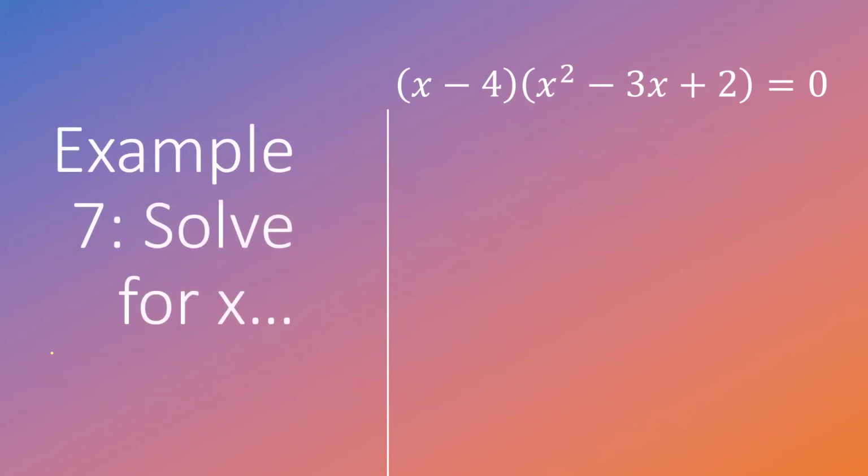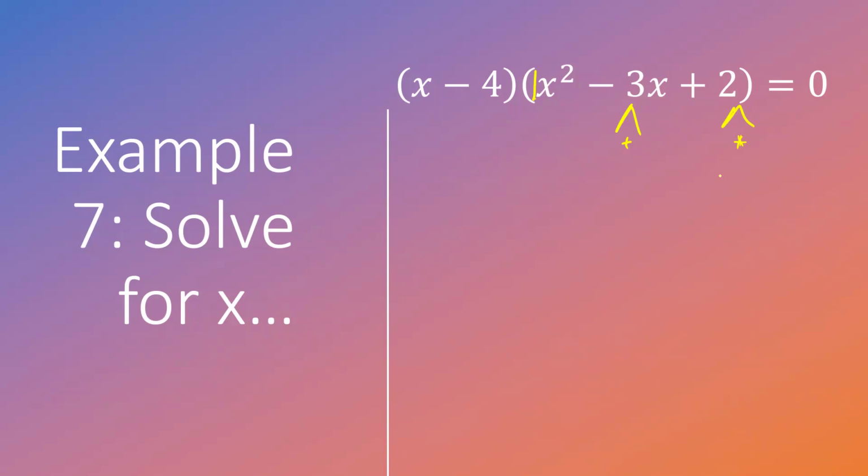So for this one, we have x minus 4 times x squared minus 3x plus 2. Question, is this fully factored? Why is it not fully factored? This one, right? It's a simple factor, though, because our leading coefficient is a 1. So what multiplies to give me +2, but adds to give me -3?